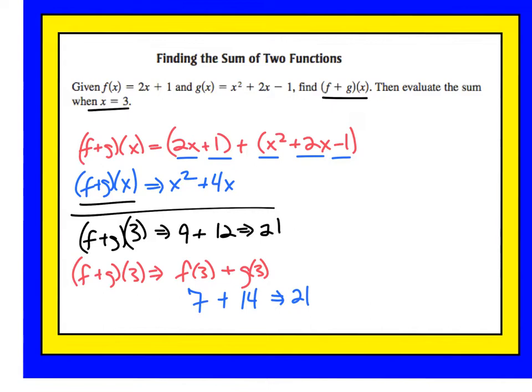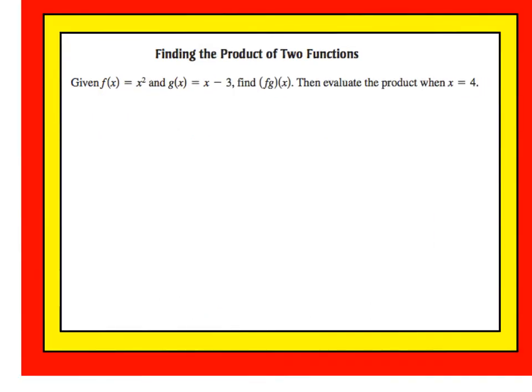All right. Now, this one, I have f of x is equal to x squared. G of x is equal to x minus 3. I need to find the product, f times g of x. And then I'm going to evaluate at x equals 4. So now I have f times g of x.